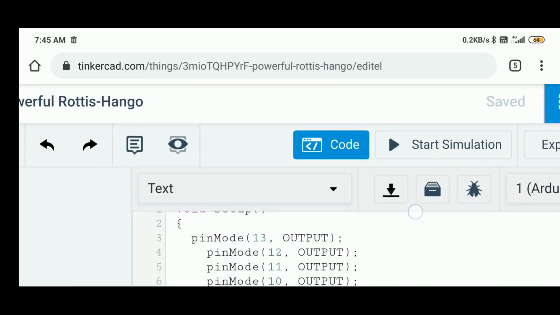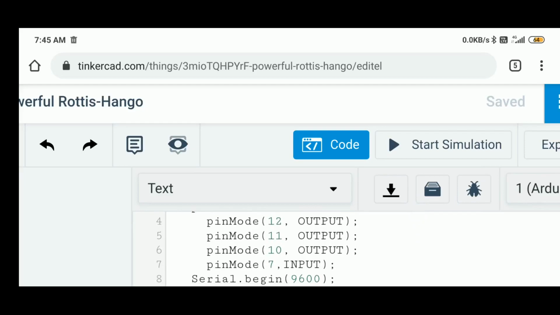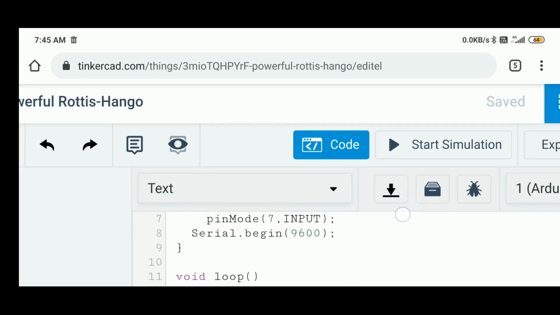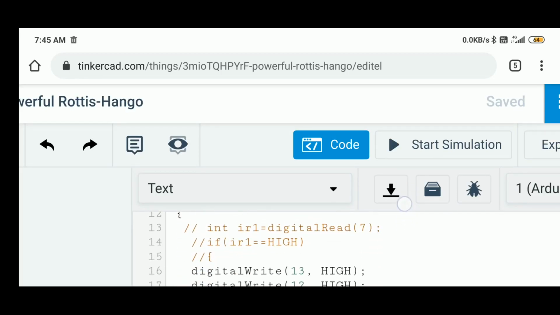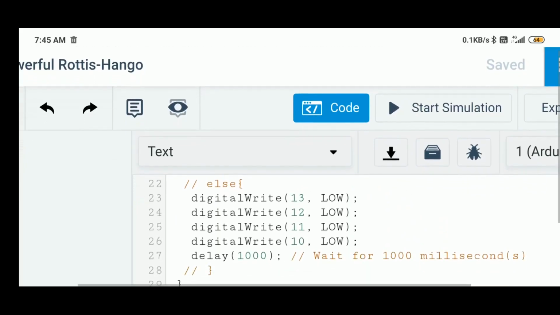The program consists of 5 pin modes, in which 4 pin modes are for the DC motors and 1 pin mode is for input, that is for the sensor. First, if the sensor input is high, the motors will rotate, else the motors will not rotate.